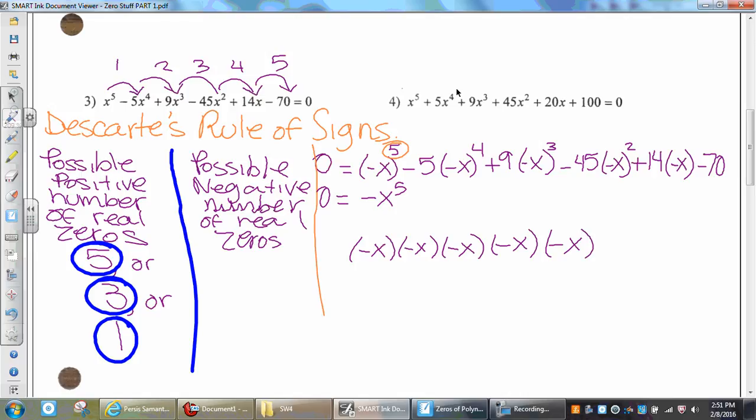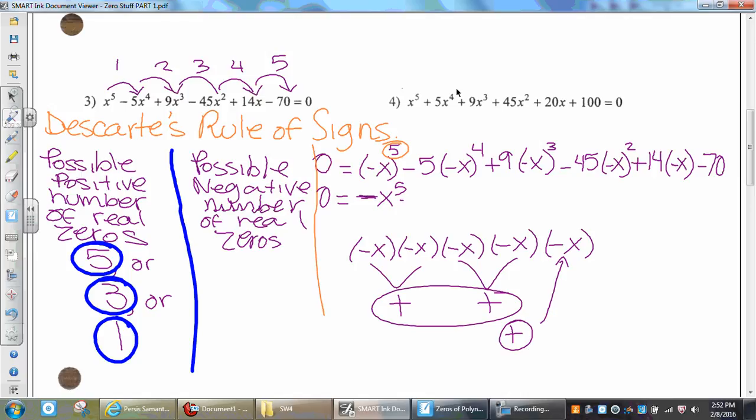From here and here, you get a positive sign, correct? Negative and negative. From here to here, you get positive. And then positive times positive, positive. And then positive times negative, negative. So that's how I get this negative x to the 5th.